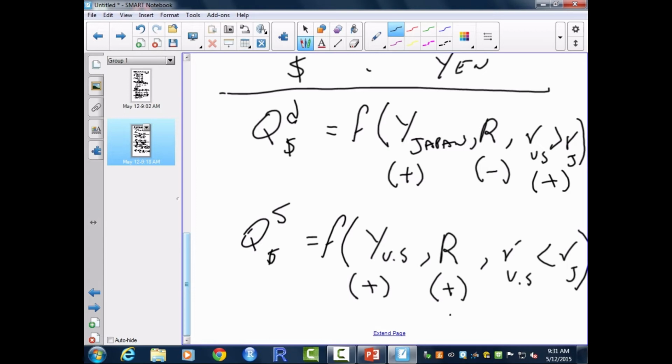If the Japanese banks are paying higher real interest than the American banks, then you're going to convert your currency, buy more Japanese yen, and then invest it in Japan. So again, you're supplying the currency market with the US dollar. So in this case, this relationship would be positive.